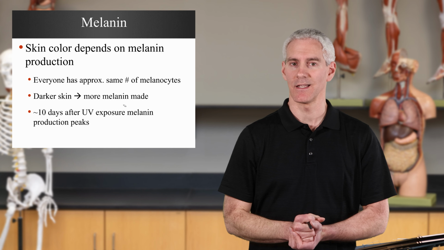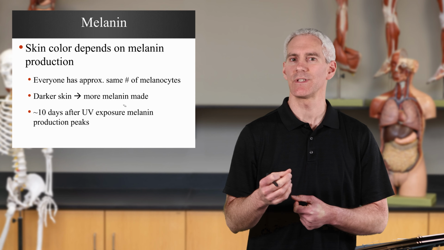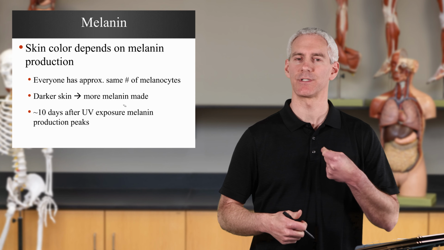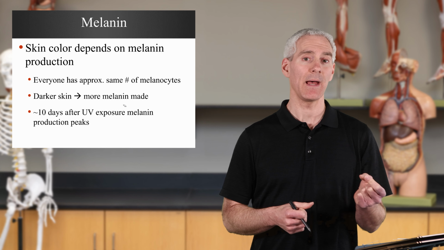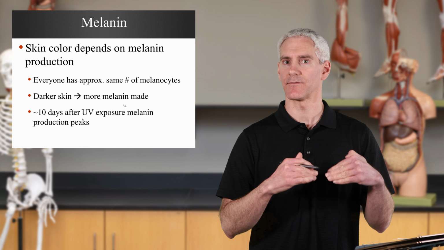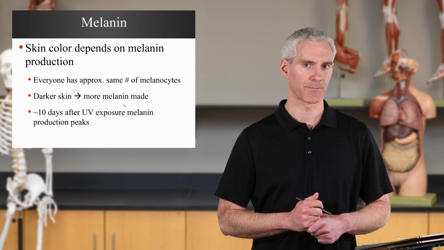Eventually, the melanin is gone as the keratinocytes are also gone. So you can't just have a long-term storage. It has to be a constant production. And that production is based on what your genetics are for skin pigmentation, as well as UV exposure.